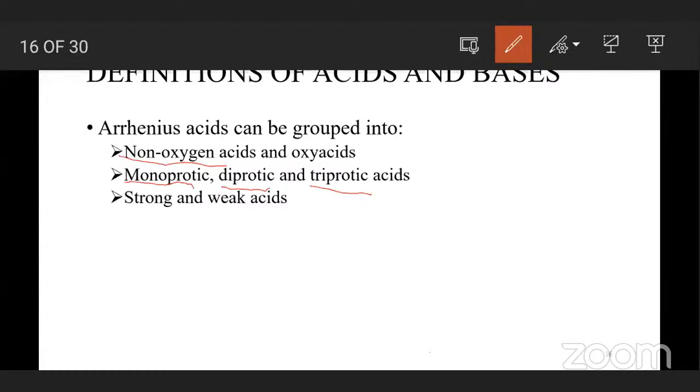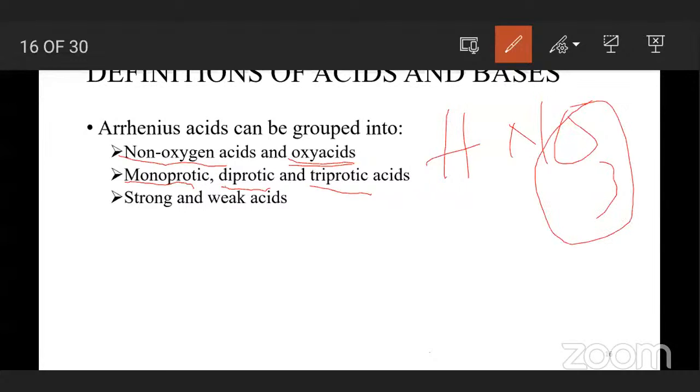If it has oxygen, it's an oxy acid. An example is HNO3, that's trioxonitrate(V) acid, which you may also call nitric acid. This acid has oxygen, so it's an example of an oxy acid.